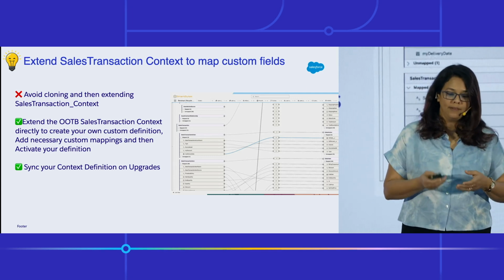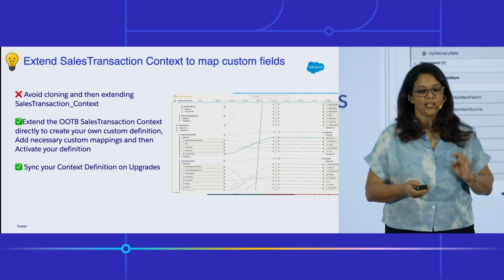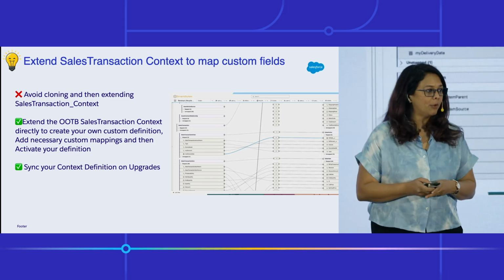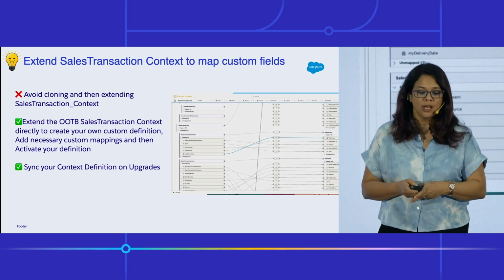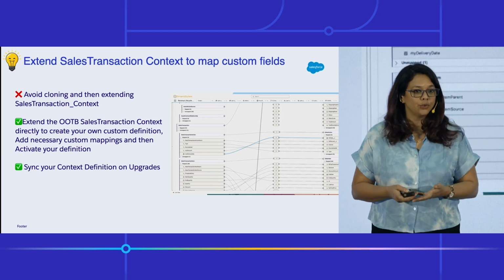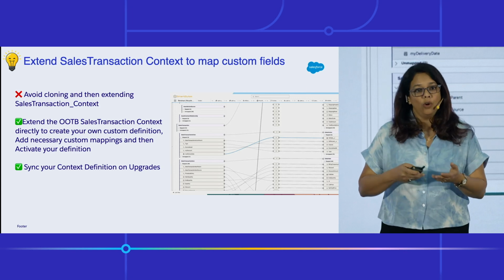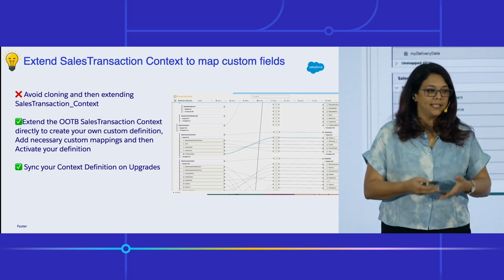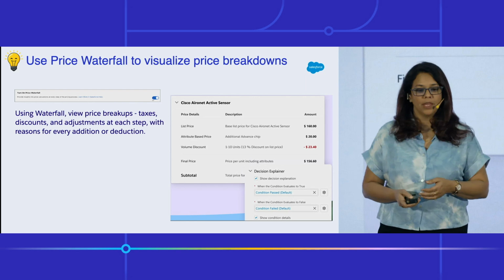So hence, always extend the out-of-the-box sales transaction context. We will see in the next demo how the context service is used and how it is extended. Whenever you make any changes to the context definition, or in case of upgrades, always sync your context definition.